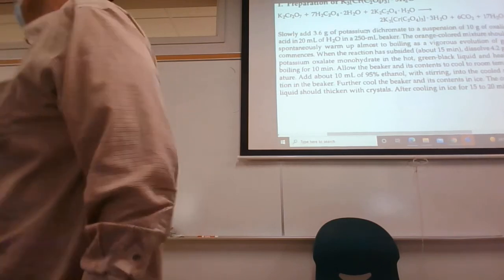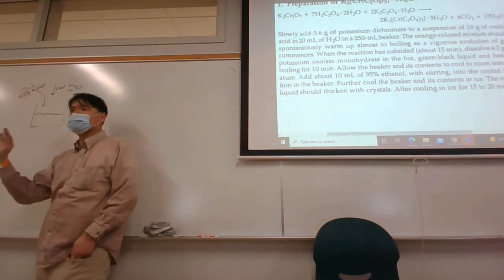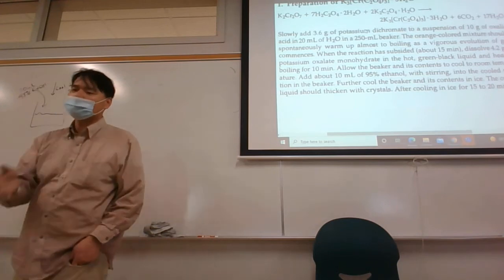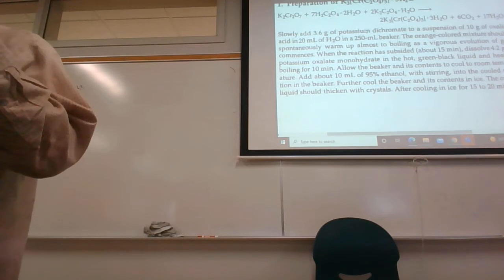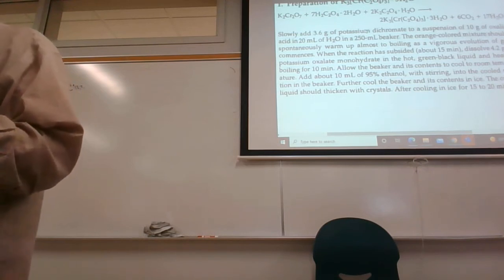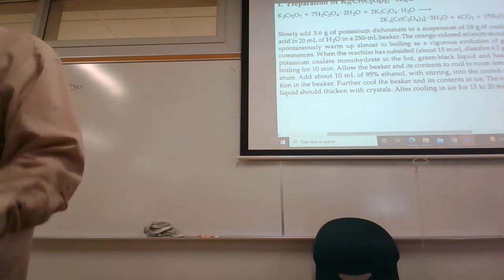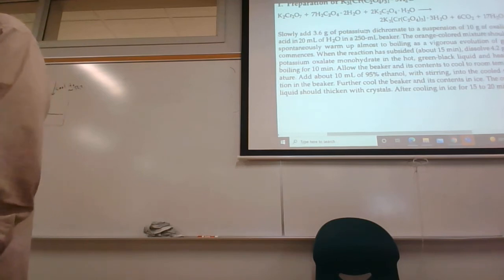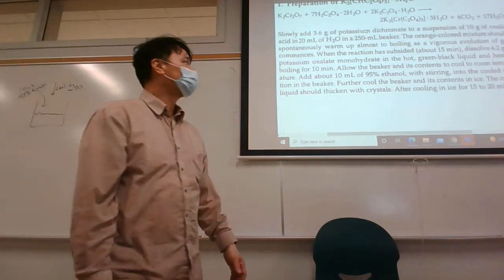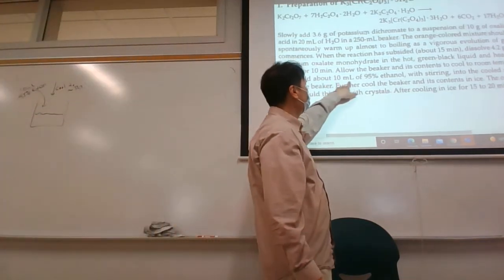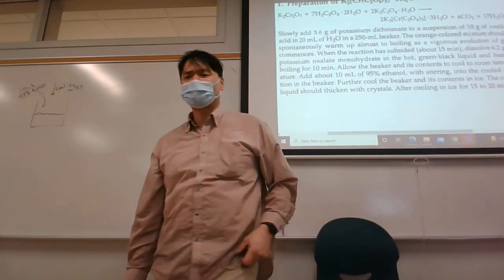One of the tricks to getting big crystals is to do the crystallization slowly. If we do rapid crystallization, typically you make a lot of little baby crystals. If you make thousands of baby crystals, none of them can grow very big. 10 milliliters of 95% ethanol; ETOH is the common abbreviation for ethanol.